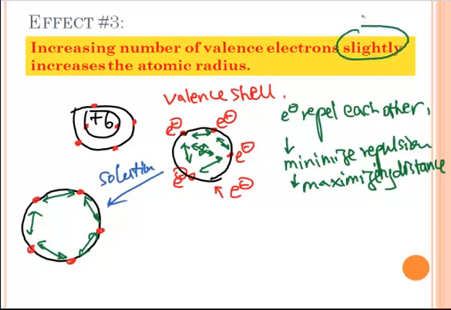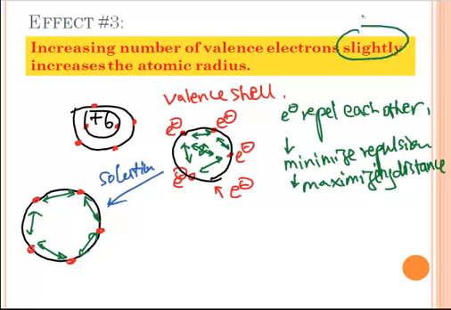Sodium will be plus 11, with 2, 8, and 1 here. What would be the sodium ion? Because it lost the electron, it's still plus 11, but now I only have 2 rings, with 2 and 8.